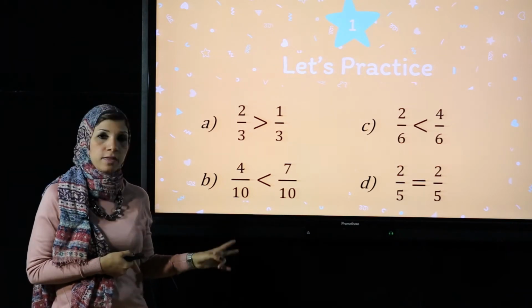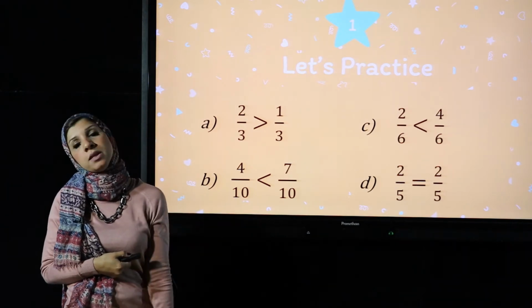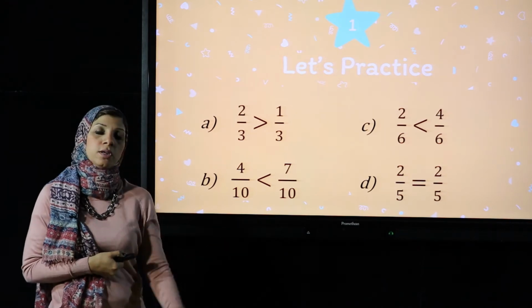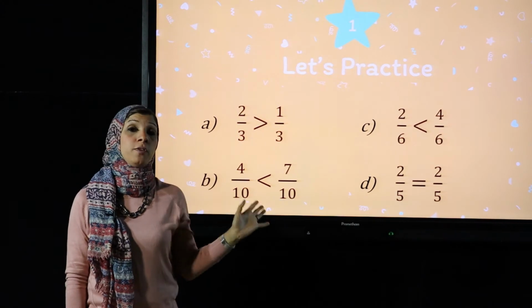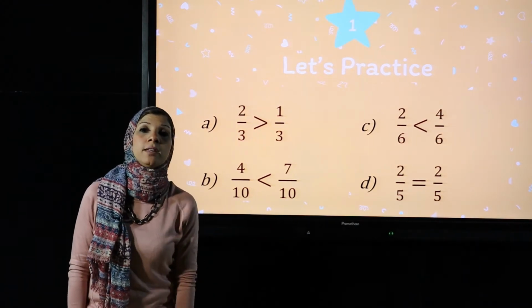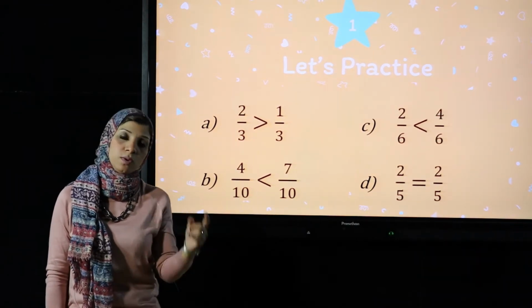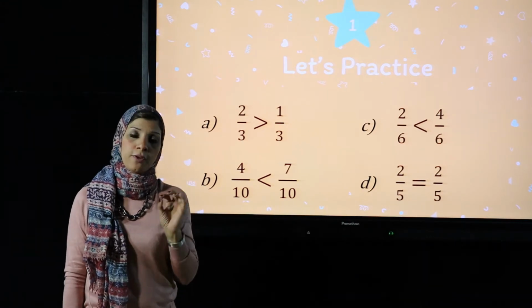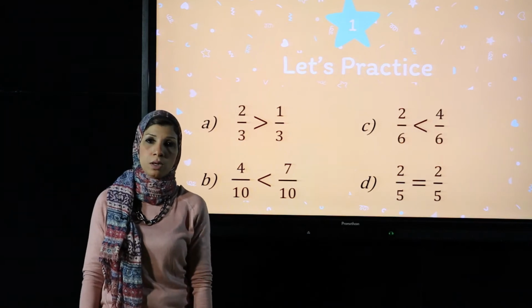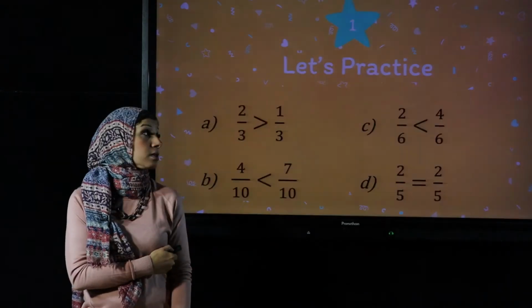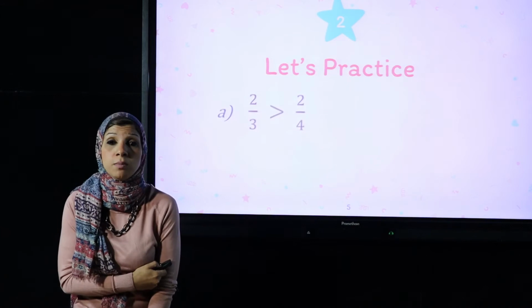Both of them have the same denominator and the same numerator, so both sides will be equal. So we finish all the comparing related to when we have the same denominator. Let's see another exercise, when we have the same numerator.